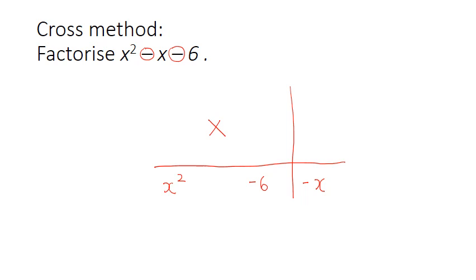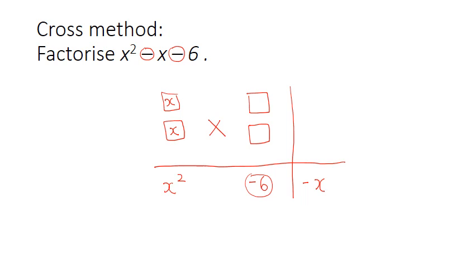Now, put a cross here. We are going to fill up this portion of the frame with the two factors that multiply to give you x squared. So that has to be x and x. Now, let's take a look at this portion here. We're going to fill up these two squares with the factors that multiply to give you minus 6.